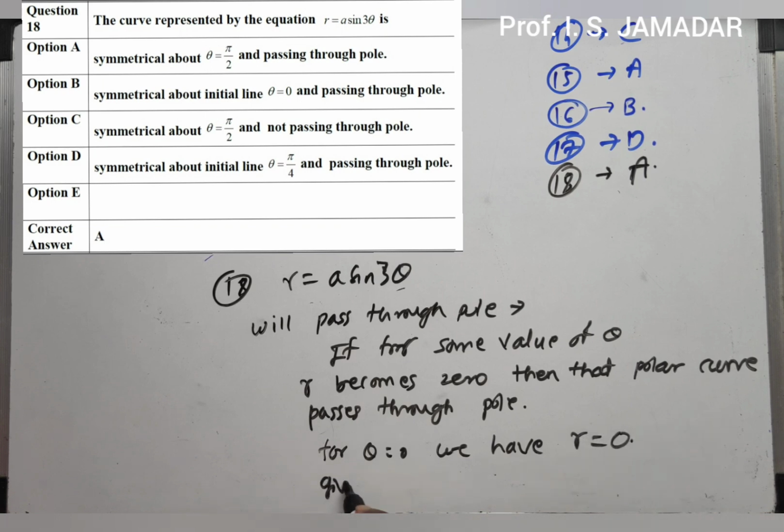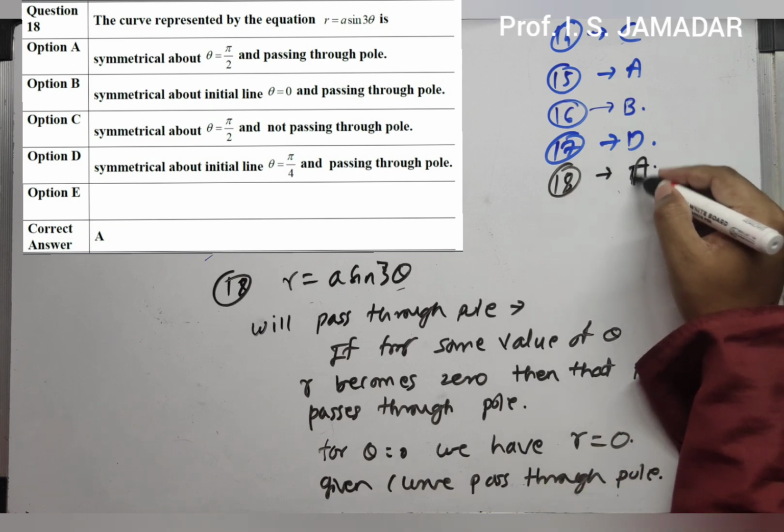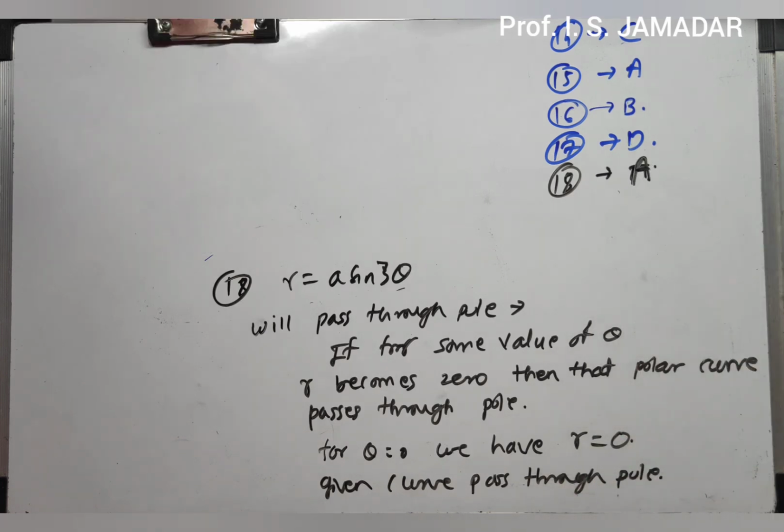It means the given curve is passing through the pole. So from option A and option C, option A must be correct. So our previous prediction was correct. Option A is the answer for this.